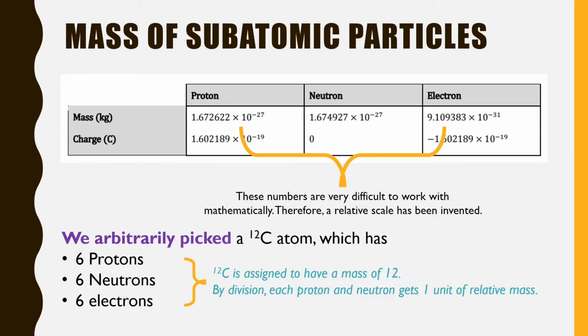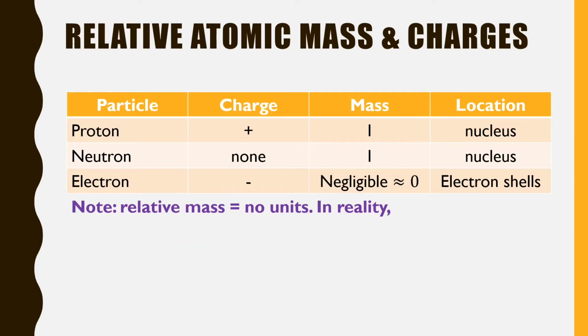So by division, each proton and each neutron gets 1 unit of relative mass. So in conclusion, the relative atomic mass for protons and neutrons are assigned 1 each, while electrons in comparison are considered to have no mass.